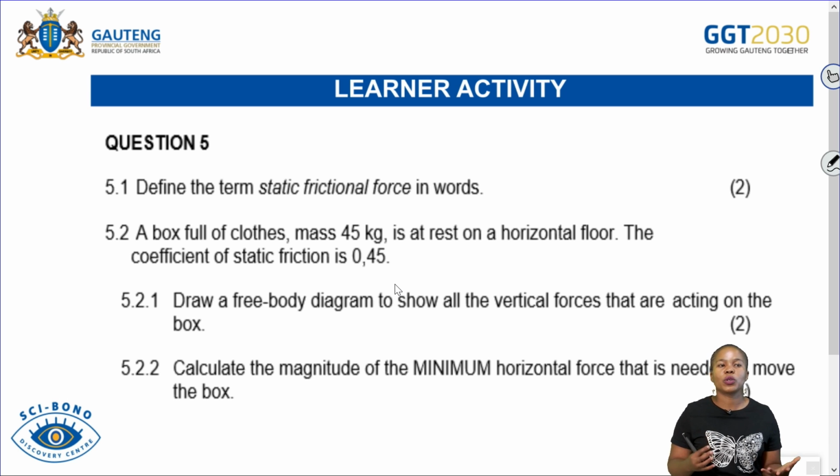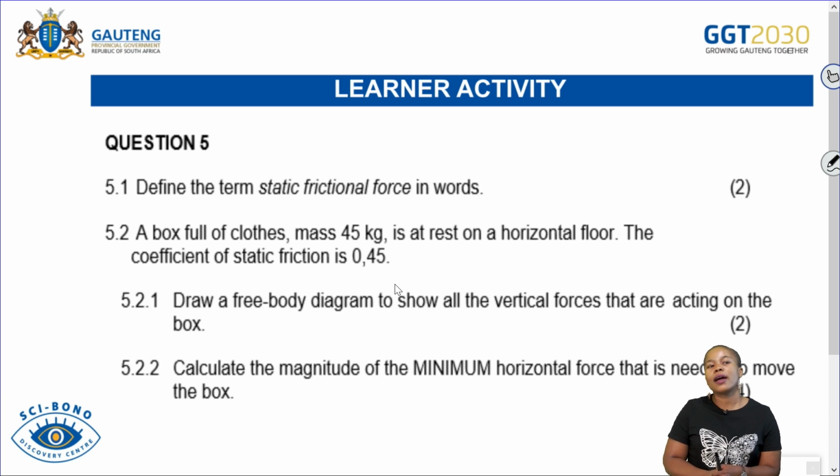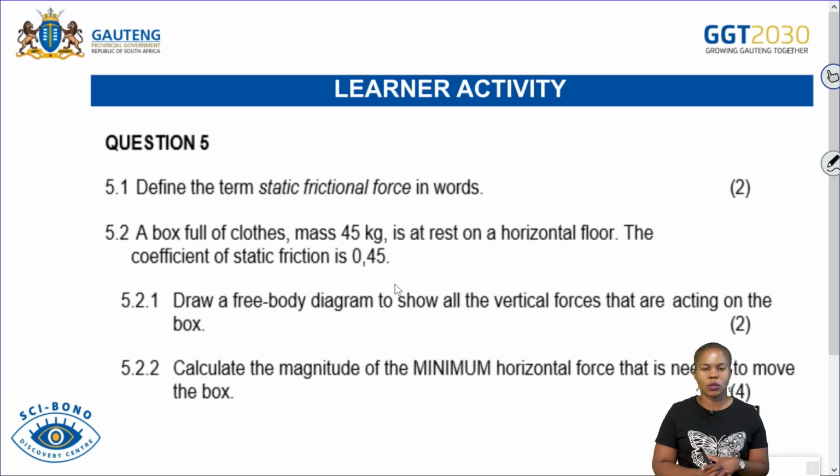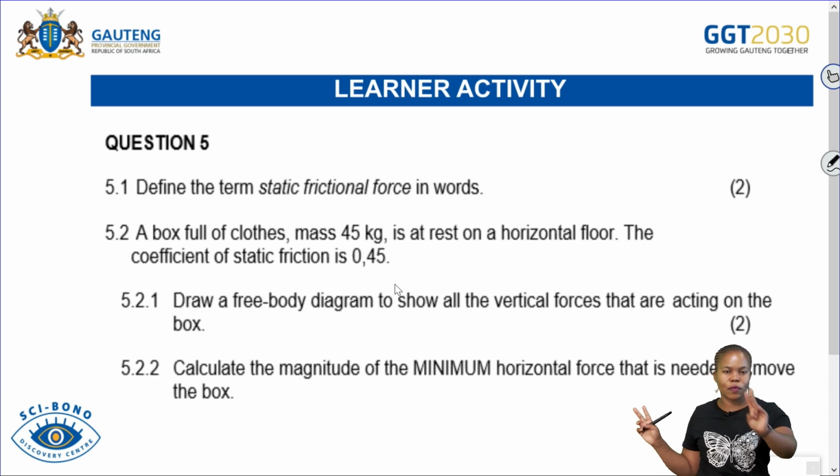5.2, a box full of clothes, mass of 45 kilograms, is at rest on a horizontal floor. The coefficient of static friction is 0.45. So 5.2.1, draw a free body diagram to show all the vertical forces that are acting onto the box, and it's 2 marks, 2 forces.